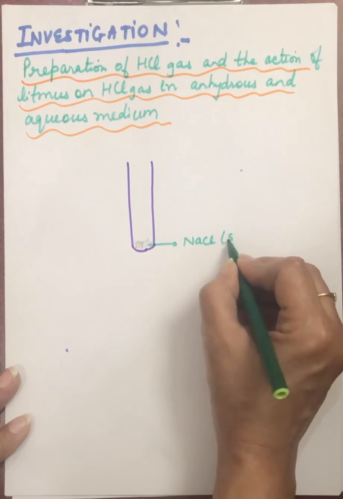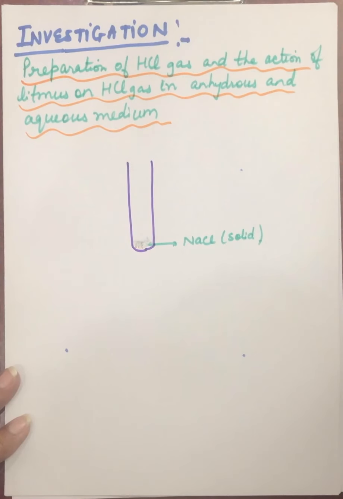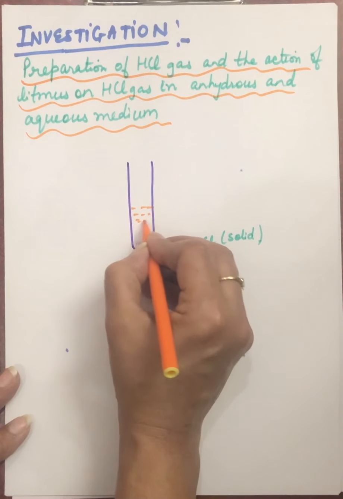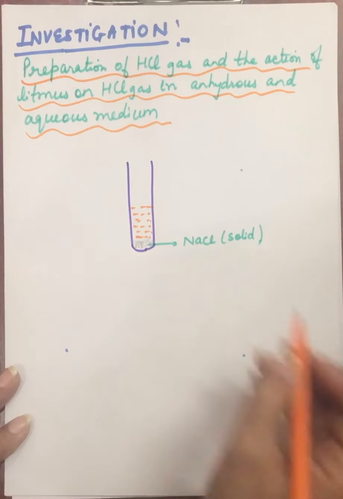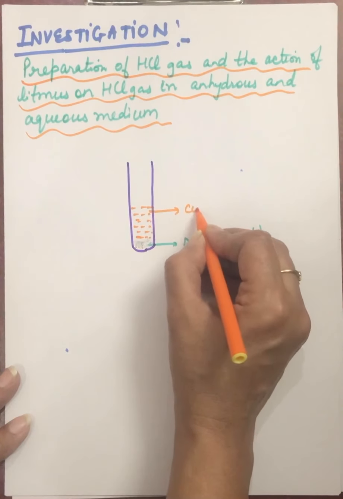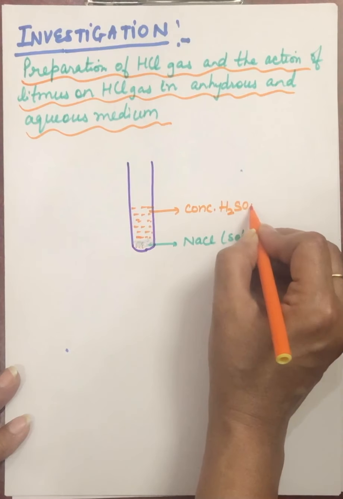And then to this we are adding approximately 5 ml of concentrated sulfuric acid, that is H2SO4.